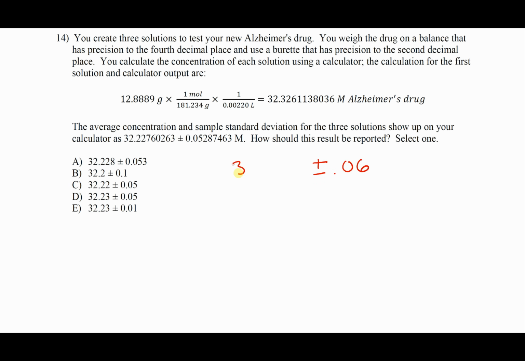I report my error to that, and then I compare it with the instrument error. So I have 6 sig figs, I have 6 sig figs, and here I have 3 sig figs. So here, once again, I can only have 3 sig figs. So that means my instrument error is in this place, so it's plus or minus 0.1. Plus or minus 0.1 is larger than 0.06, so I cannot keep this. So it's 32.7 plus or minus 0.2.